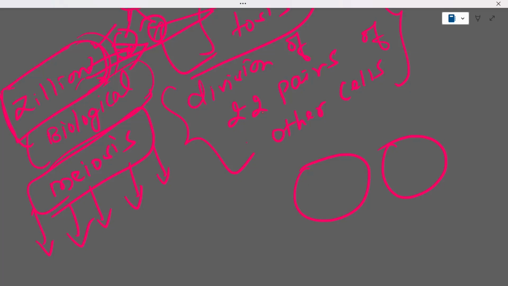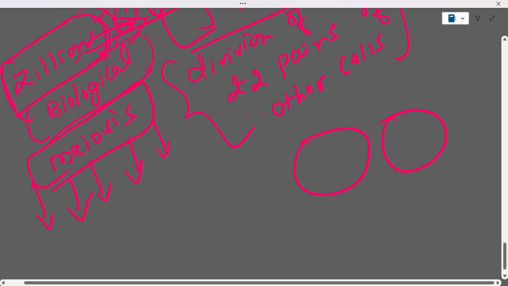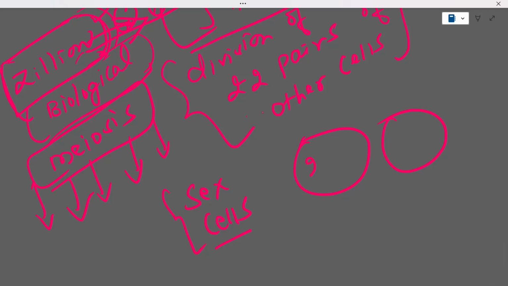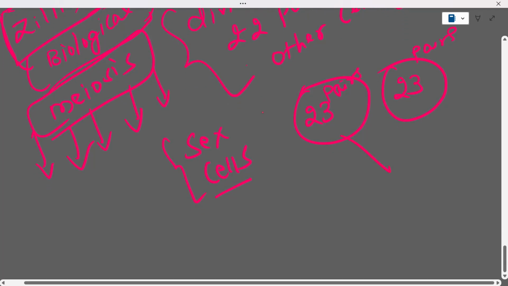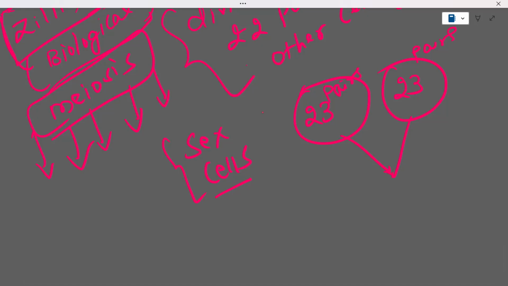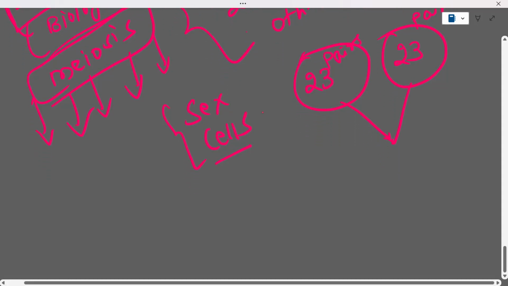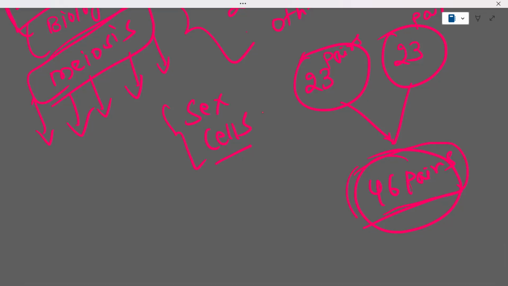And then the gamete cell or the sex cell also needs to inherit a particular trait from their parents, since each of these two parents has 23 pairs. Now, if an offspring is getting all the pairs, the sex cell is likely to derive 46 pairs, which will make it unsustainable in the long run.